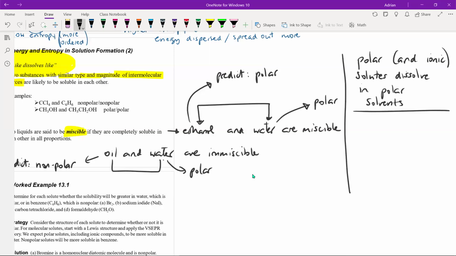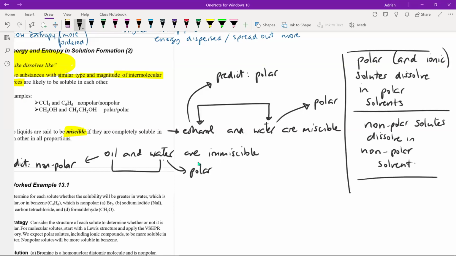And then similarly, non-polar solutes dissolve in non-polar solvents, right? That's another way of stating the like dissolves like rule.